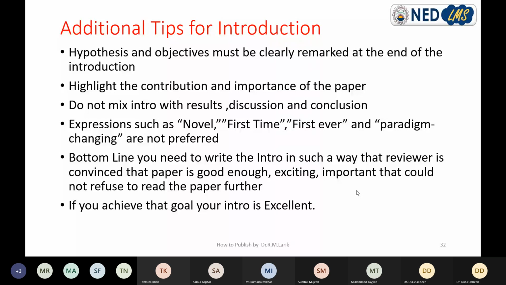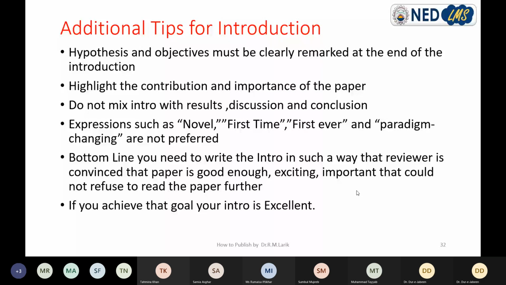And expressions such as novel, first time, first ever are not preferred. Why? Because when you claim that this is novel, is it really novel? Is it really new? The reviewer must question you if you are claiming something novel.